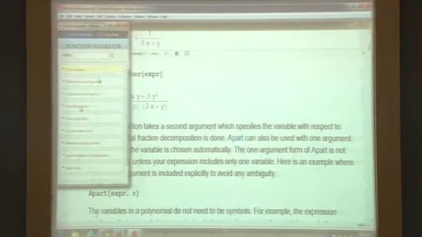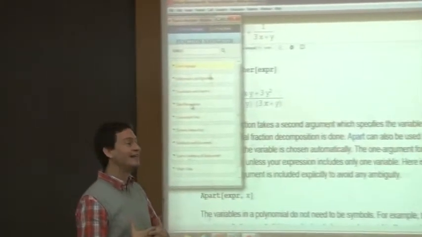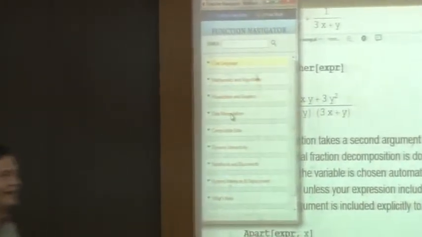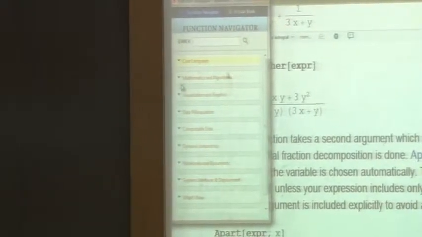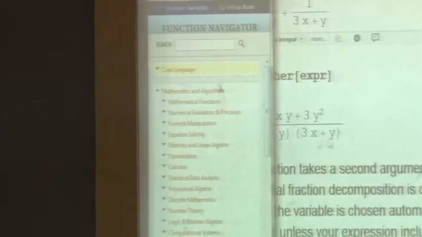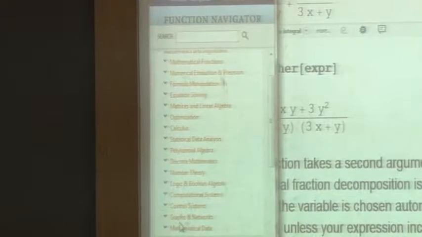As far as a mind map, I have not found one. I'm waiting for one from Ruben. If you want mathematics and algorithms, you can look from here. You were asking me yesterday about graphs and networks, so it's here.